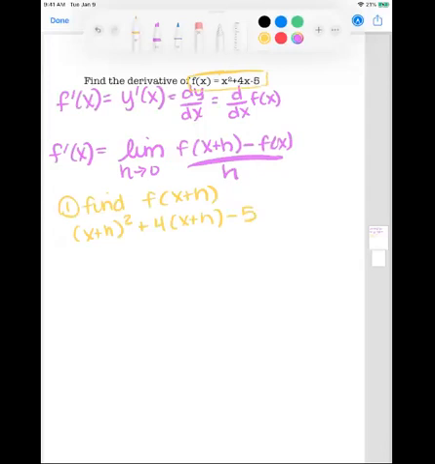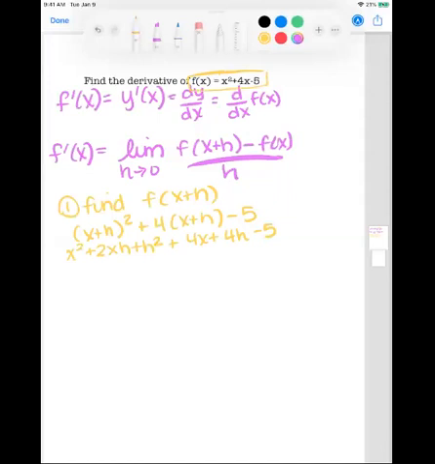And I'm going to expand that. So x plus h squared, I know my quick trick. It's x squared plus twice the product of those values, so 2xh plus h squared plus 4x plus 4h minus 5. Okay, I can't cancel anything out there, so that's good for me.